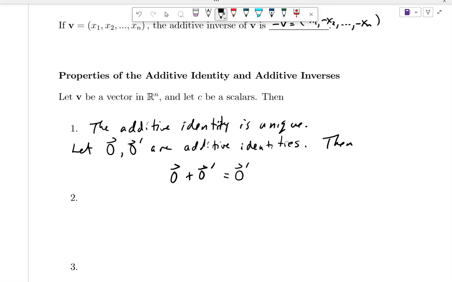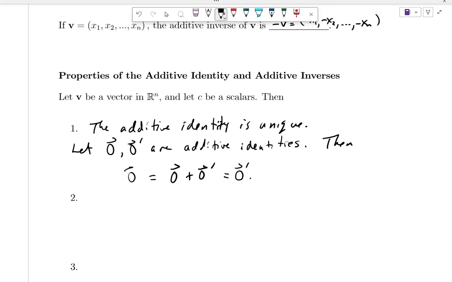Okay. All right, now do it the other way around. If 0 prime is your additive identity, and this is my u, what do I end up with? The u again, right? So on the other hand, this has to equal just 0. Now, did I show those two things are equal to each other? Yeah. Okay. That's it. That's the whole proof. Does it depend on what comes first?